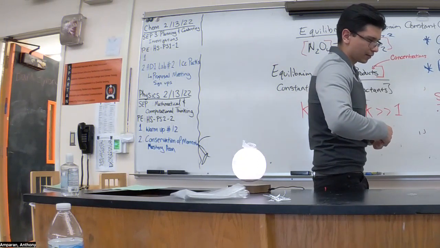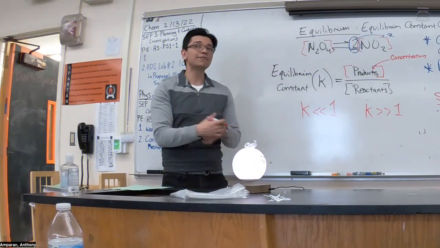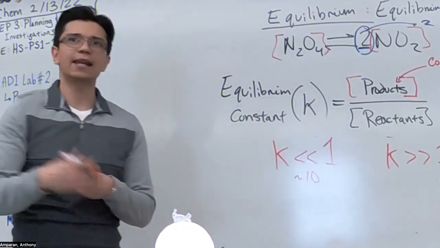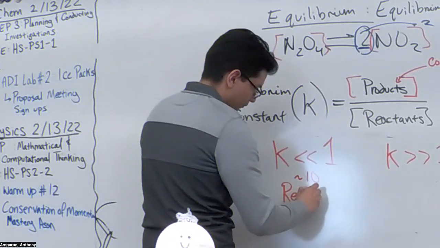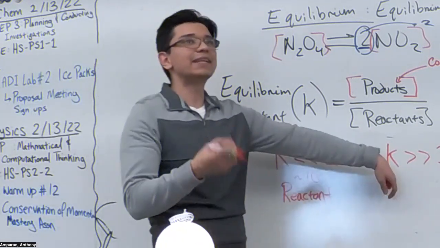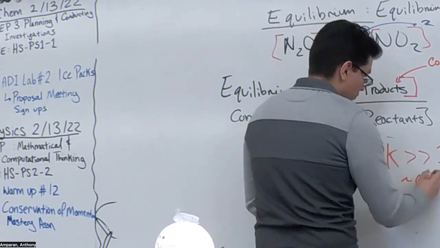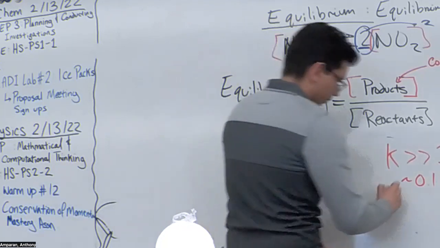If K is significantly bigger than 1, so usually you're looking at numbers like 10 and bigger, you're going to be product favored. If your numbers are significantly smaller than 1, so you're looking at something like 0.1, then you're going to be reactant favored.